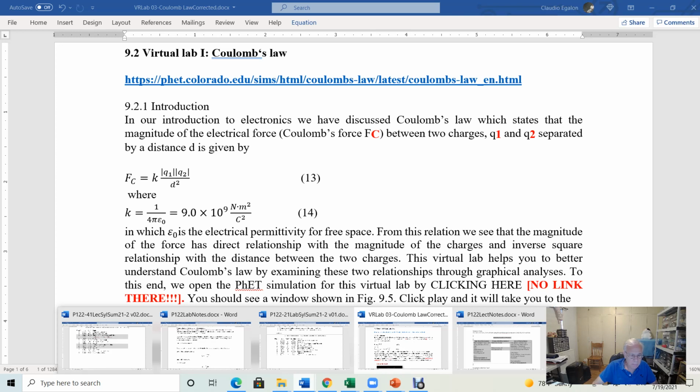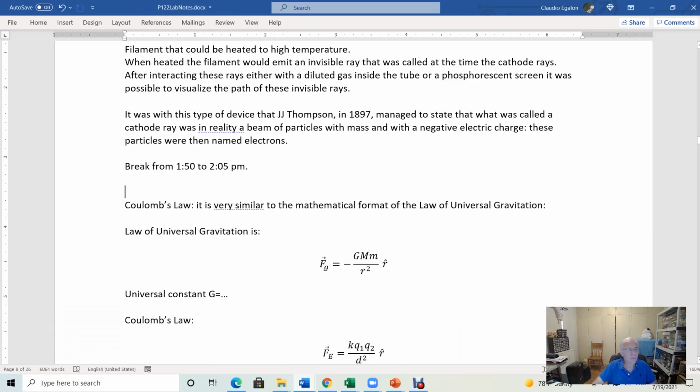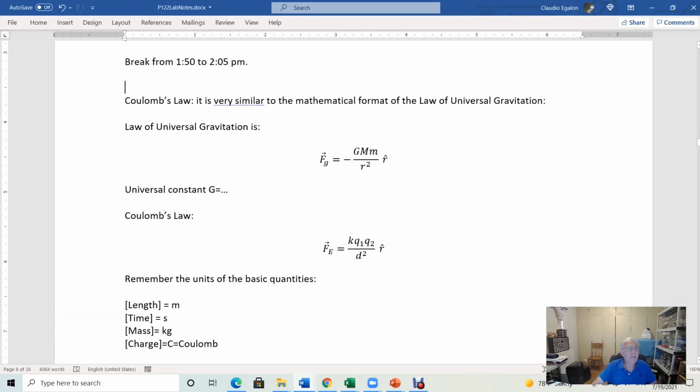Let me go get my lab notes right here. Okay, that's the force of gravitational attraction that you saw before. Here we have the constant big G. That's in vectorial format, okay? That's why I have this negative sign here.